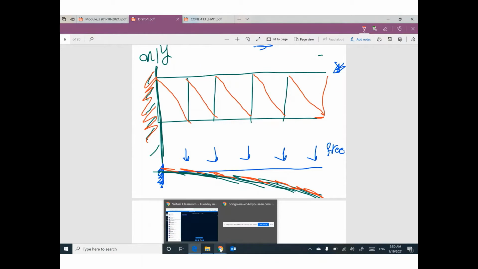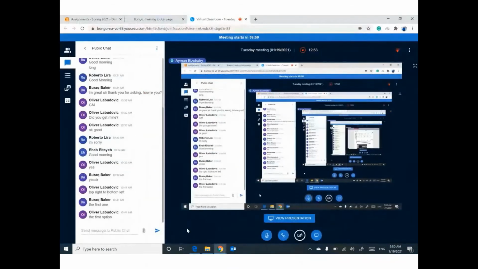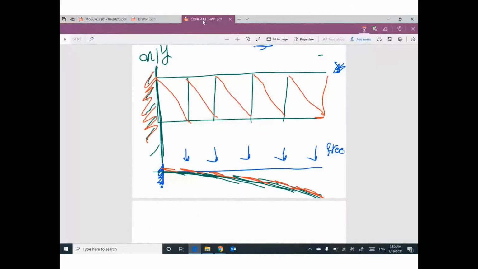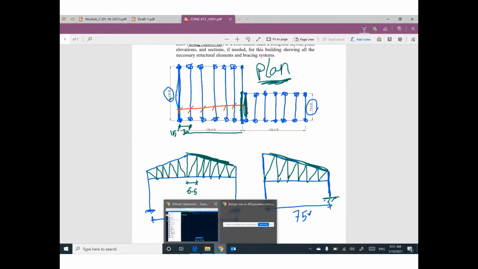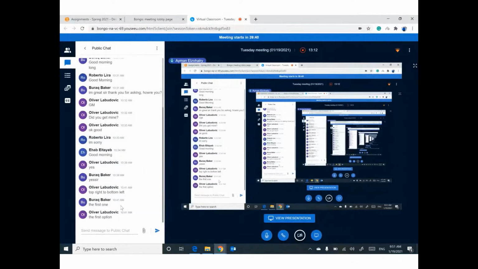Guys, do you have any question for this point? Do you have any question for the homework? I hope to see some AutoCAD files for homework number 1, or at least a clear sketch. So guys, do you have any question?